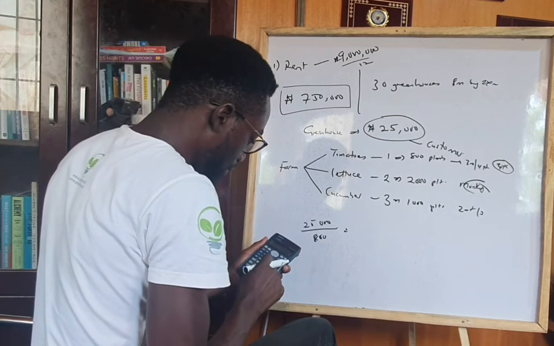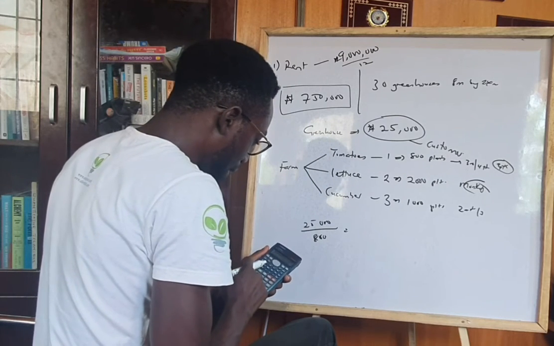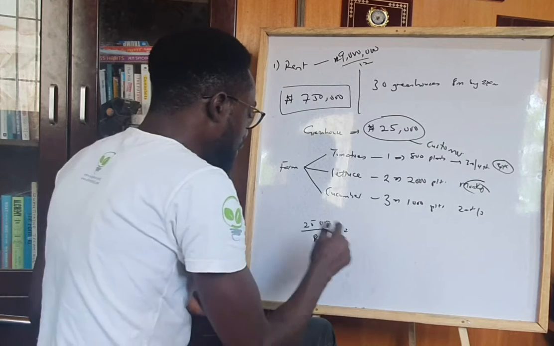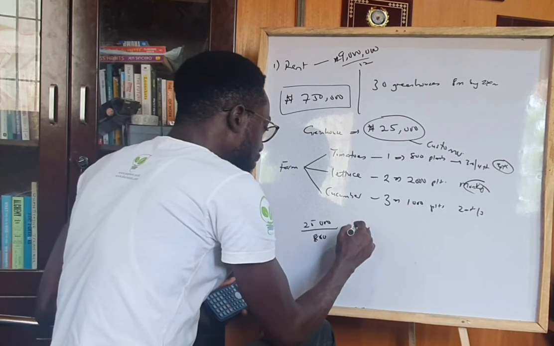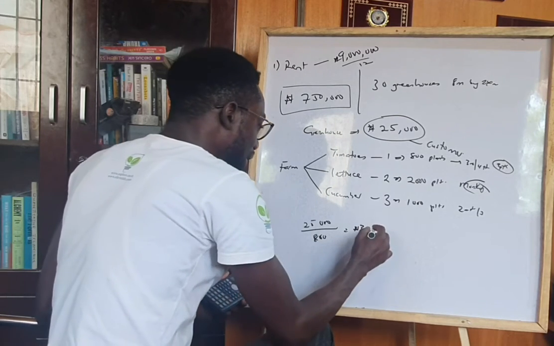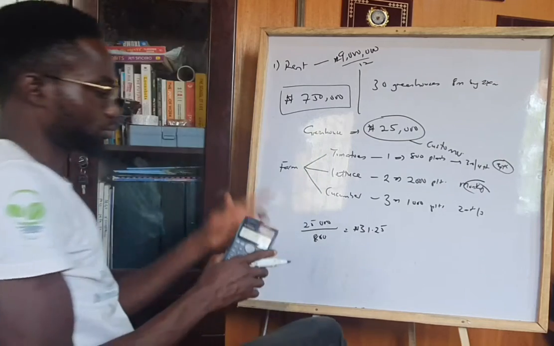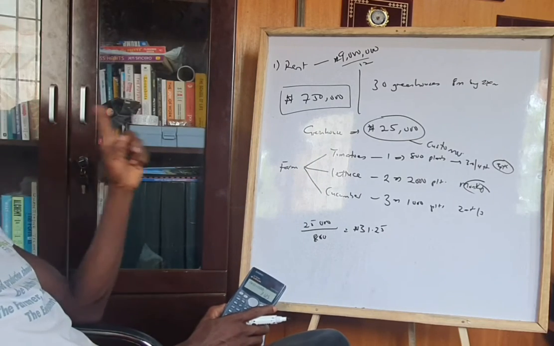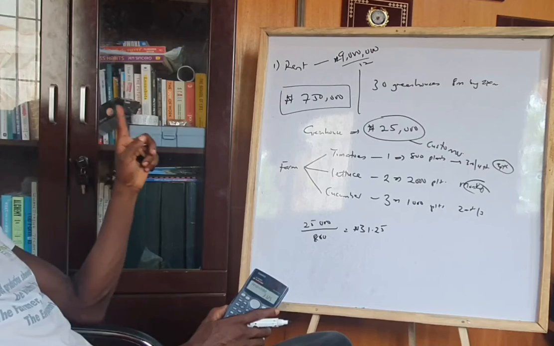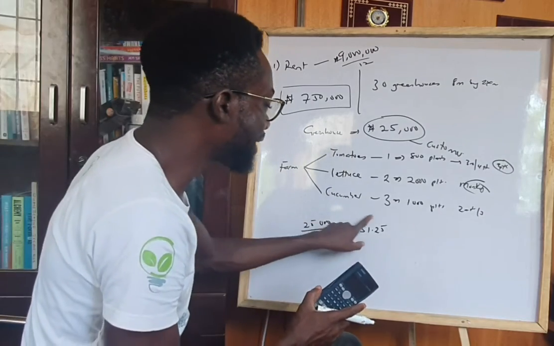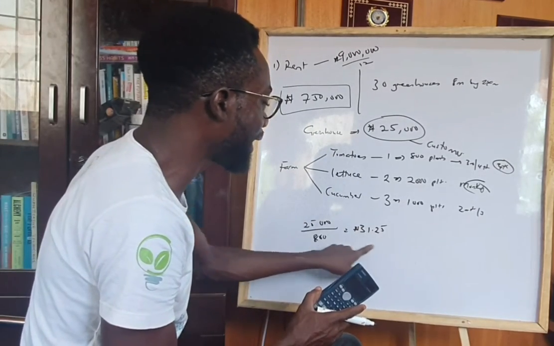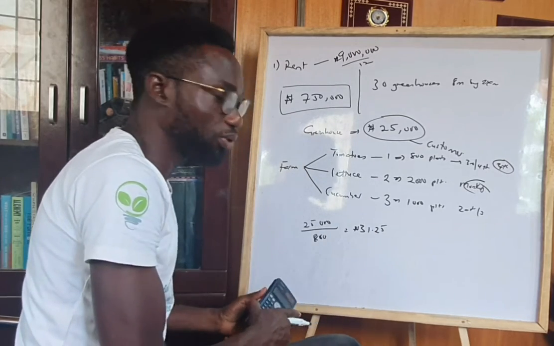If I do 25,000 divide by 800, it means that per plant is 31 naira 25 kobo a month. So every tomato plant that I have standing has a rent on its head of 31 naira 25 kobo.